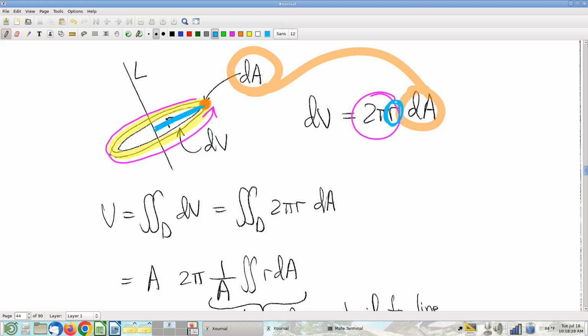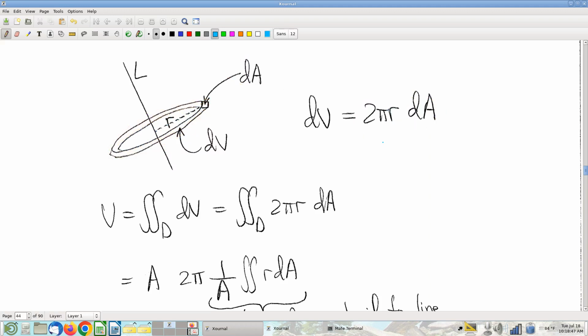Here's the good news. Again, the axis is usually going to be either perfectly vertical or perfectly horizontal, so it's not going to be hard. I'm calling it r instead of x or y because I want to keep it general. That's all. Okay. That said, we've computed a volume here, this volume of one little piece.